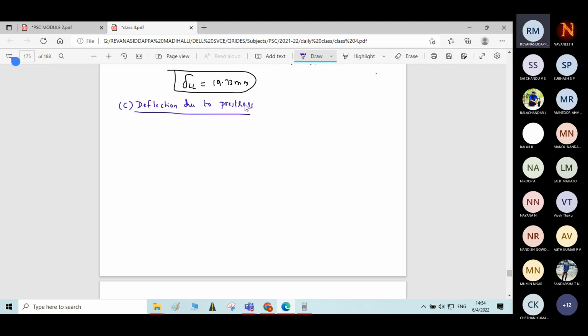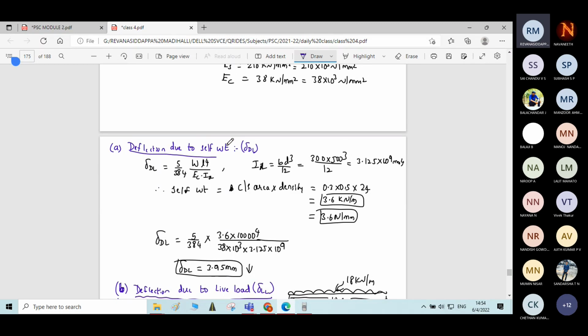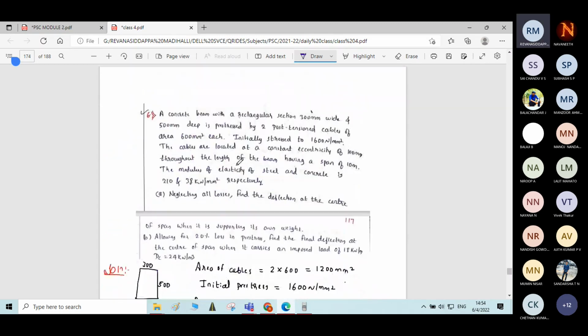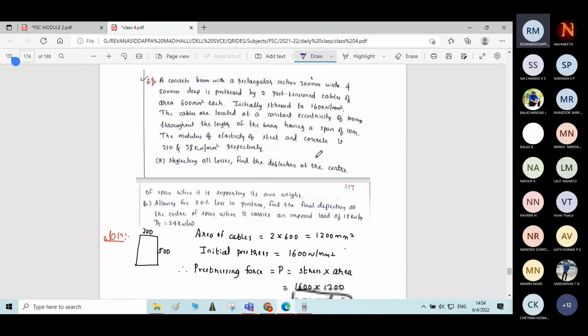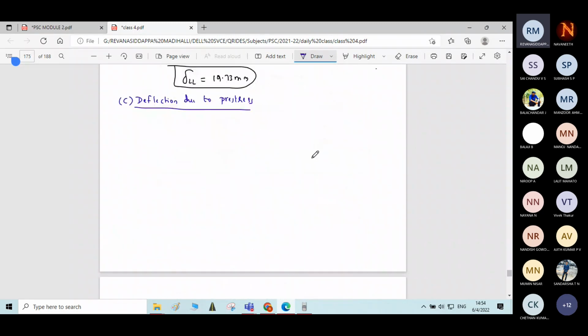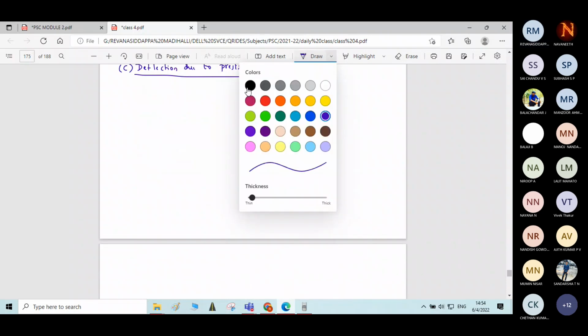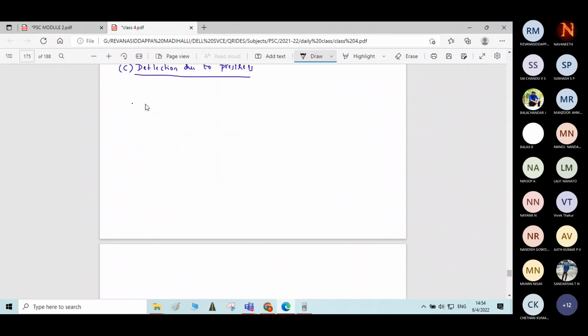Deflection due to prestress. So just look into the cable profile. Cable profile, he says that the cables are located at a constant eccentricity of 100 mm throughout the length of the beam. Okay, let me write the diagram. So this is a beam and this is the central axis.